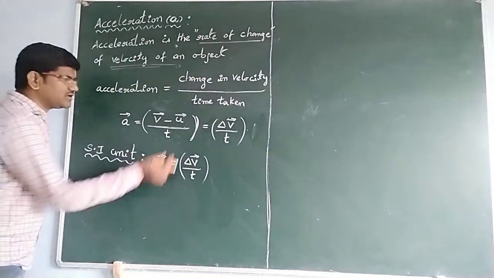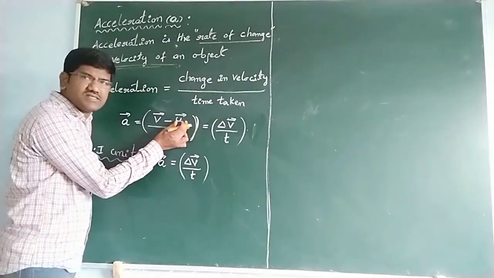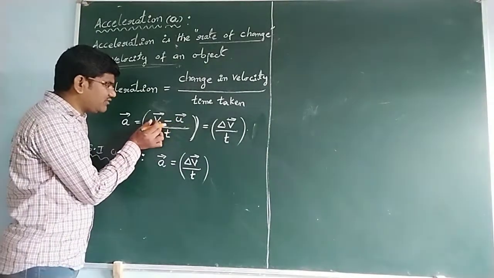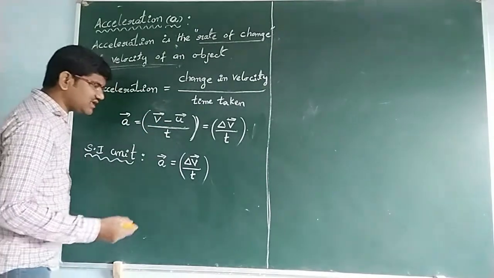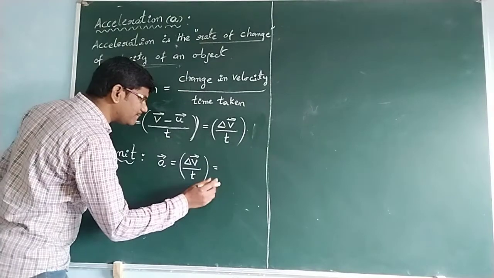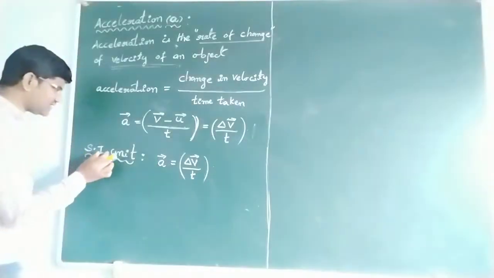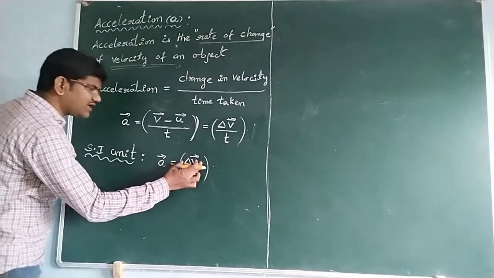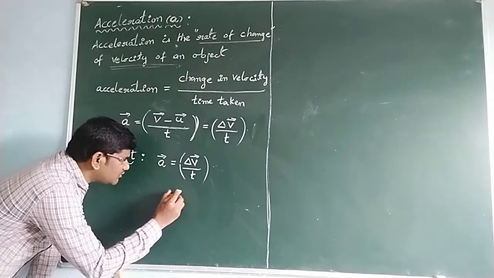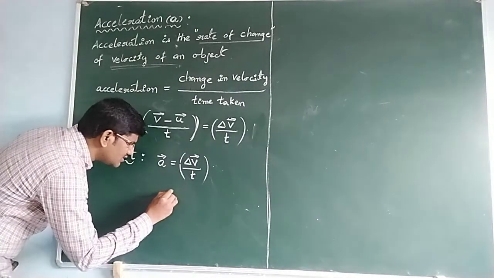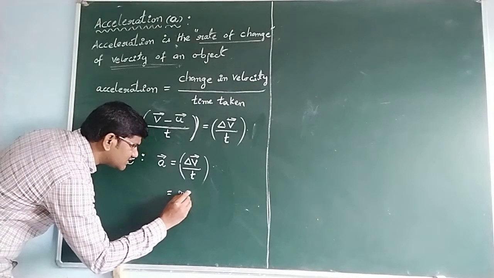For example, initial velocity is 20 meters per second and final velocity is 80 meters per second. Then change in velocity we will get in meters per second. To get the SI unit of acceleration, we should write the SI unit of change in velocity.